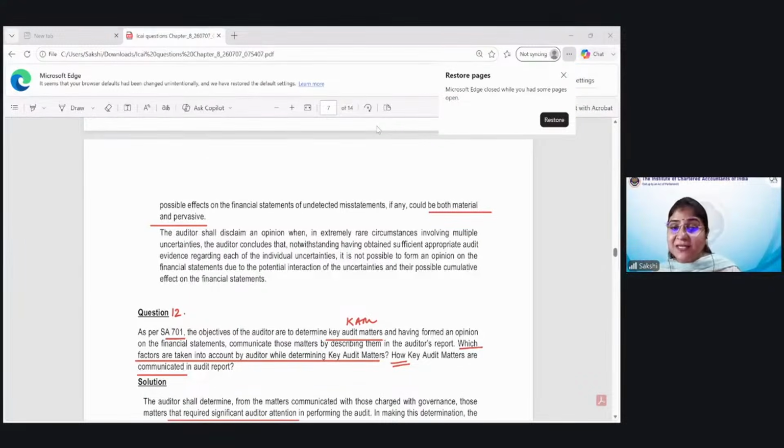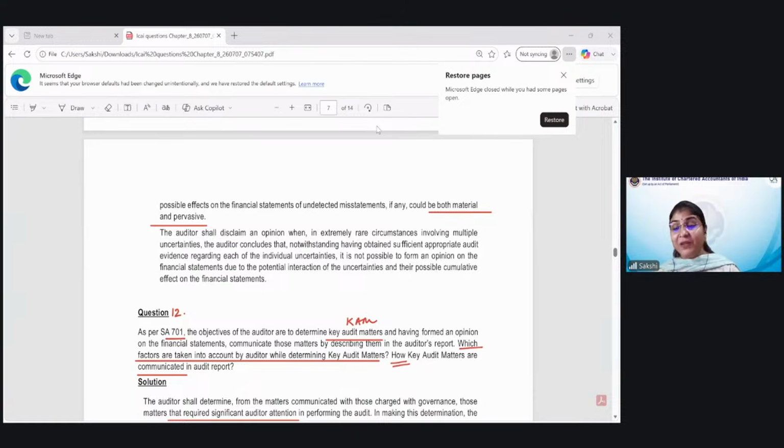The auditor shall disclaim an opinion in extremely rare circumstances involving multiple uncertainties. The auditor concludes that notwithstanding having obtained sufficient and appropriate audit evidence regarding each of the individual uncertainties, it is not possible to form an opinion on the financial statement due to possible potential interaction of the uncertainties and their possible cumulative effect on the financial statement.